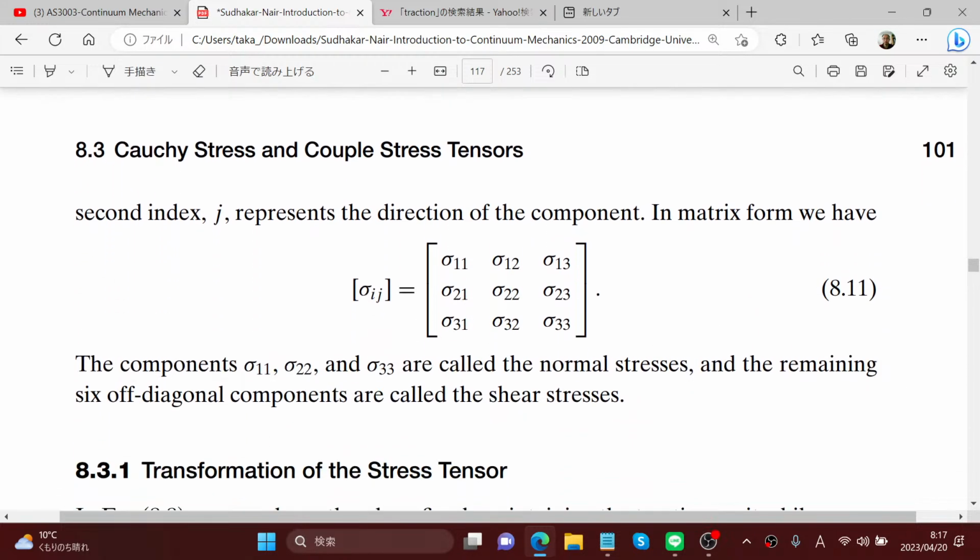The components sigma_11, sigma_22, sigma_33 are called the normal stresses, and the remaining 6 off-diagonal components are called shear stresses.